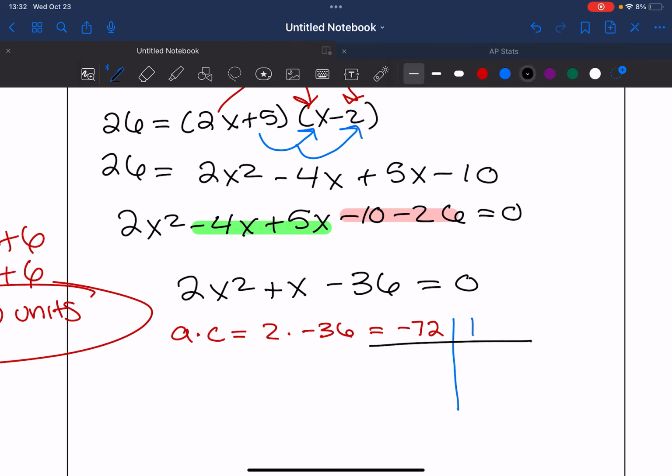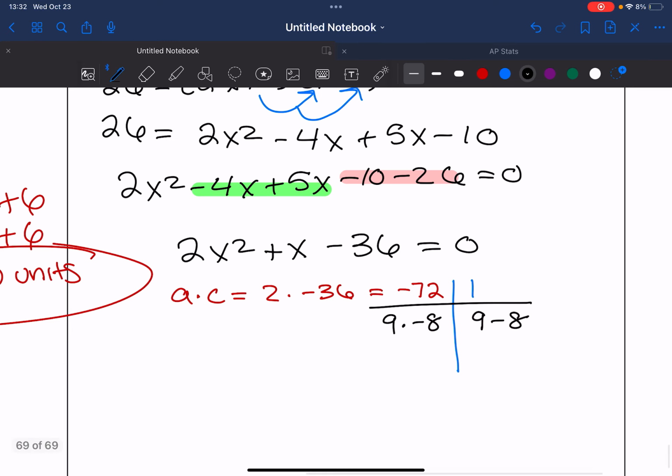So I need two numbers that multiply to negative 72, but give me positive 1. And those numbers would be 9 and 8, with 8 being negative. So 9 times negative 8, or 9 minus 8, which gives us that positive 1. So I have 2x squared plus 9x minus 8x minus 36 is equal to 0.